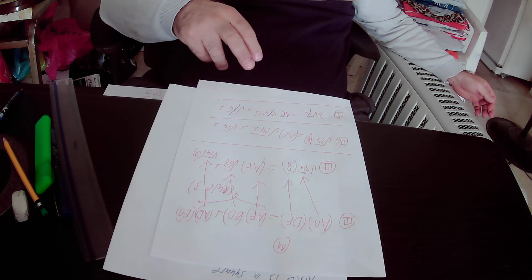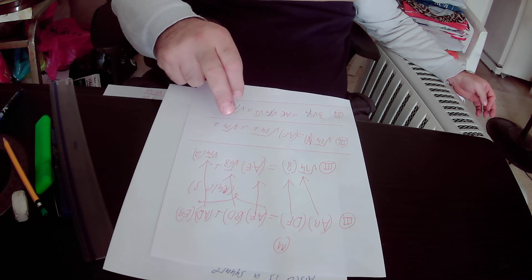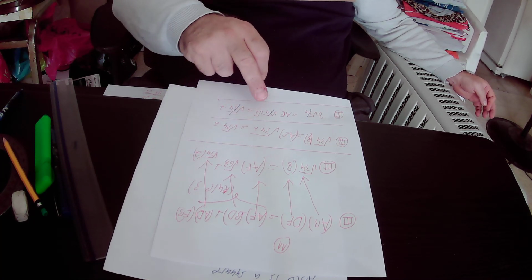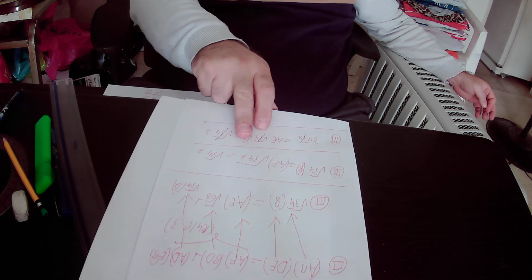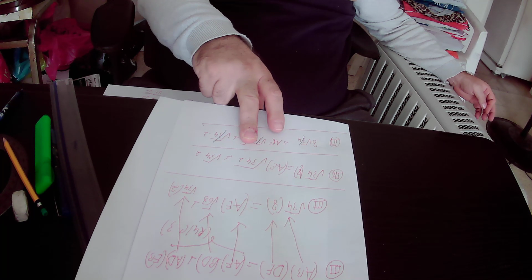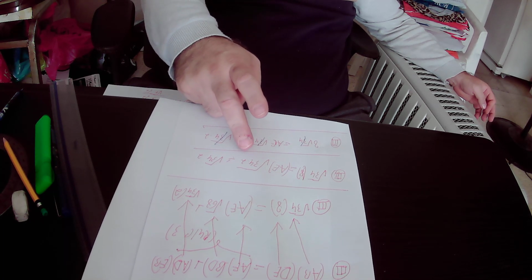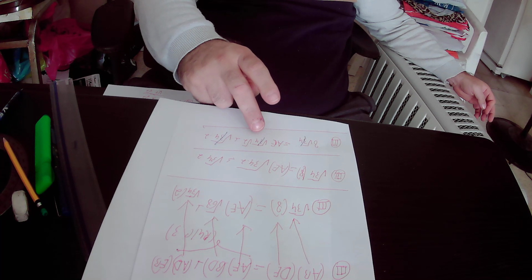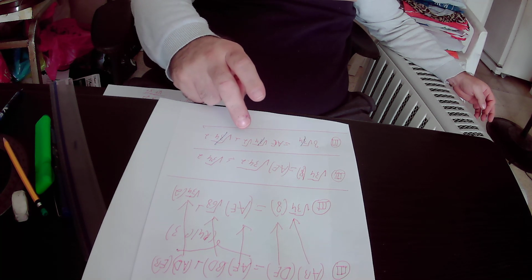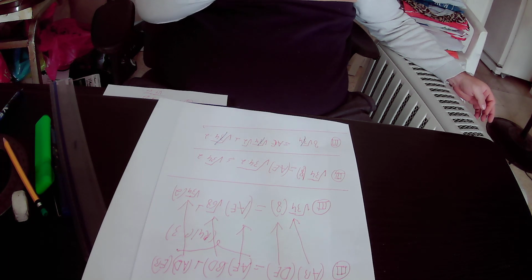Okay, so here we know that 68 is 34 times 2. And according to the rule that the square root of A times B equals the square root of A times the square root of B, the square root of 34 times 2 equals the square root of 2 times square root of 34.